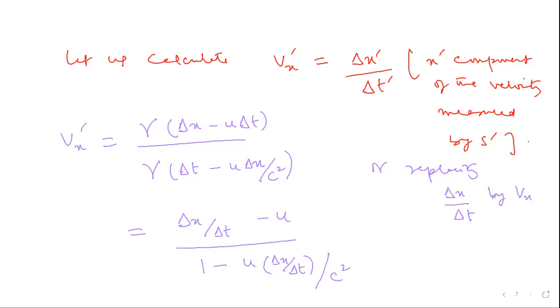So when we do it, what we get is Vx prime is equal to Vx minus u over 1 minus u Vx by c square. Let me encircle it.